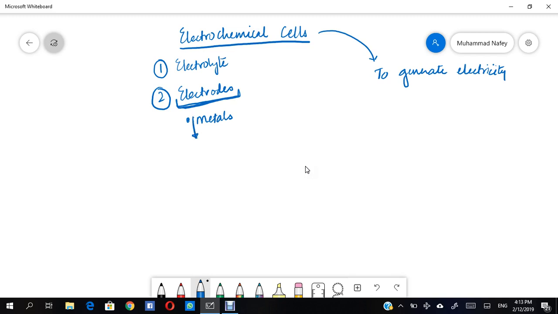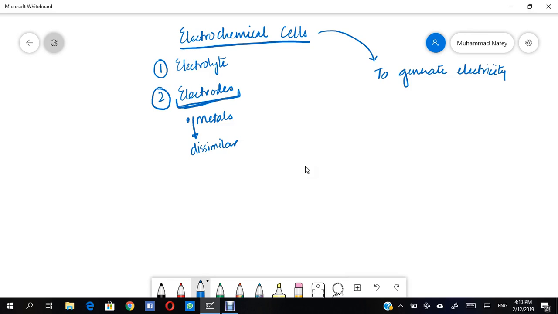We will not use the same metal; it would be dissimilar metals. This means that if I have copper at one electrode, I cannot have copper at the other electrode. It must be any other metal, maybe iron, maybe zinc, or whatever.